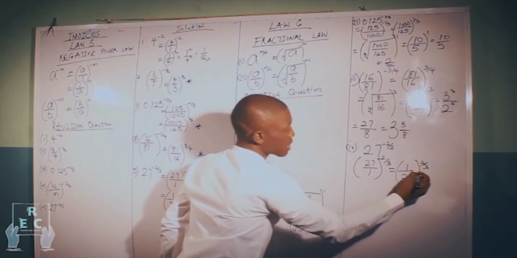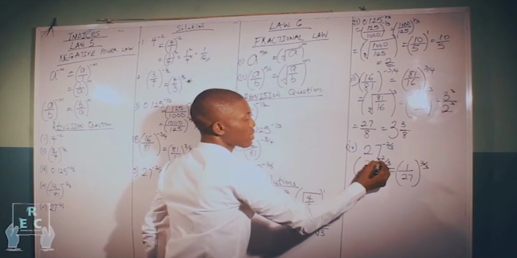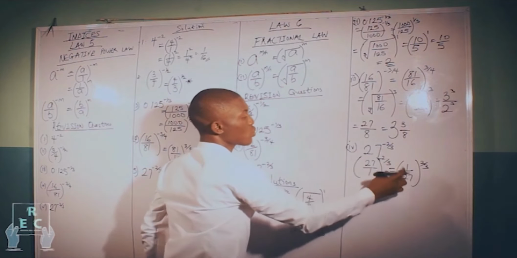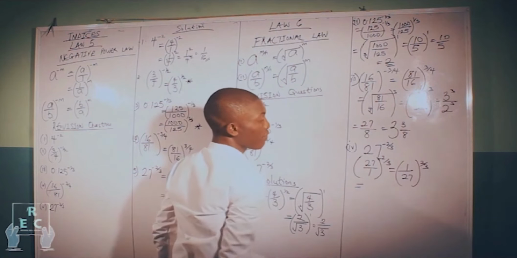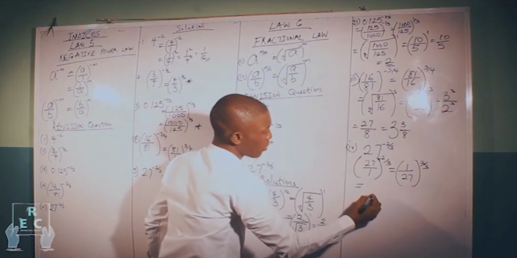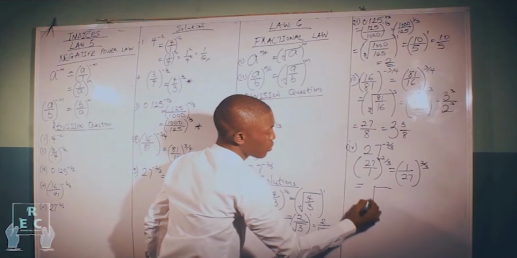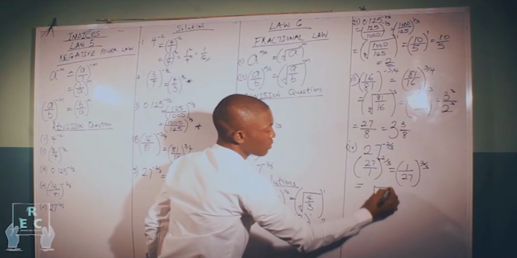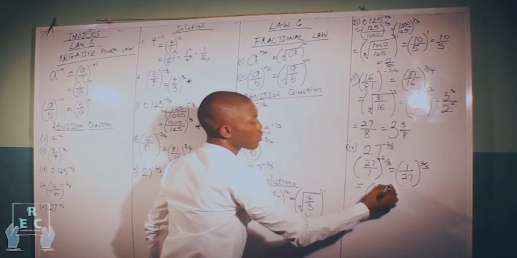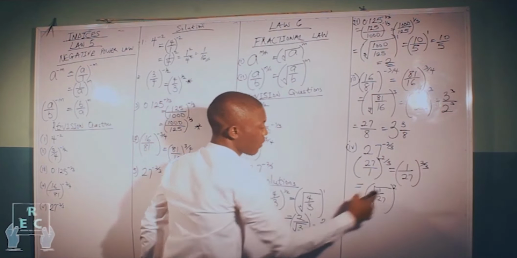What has transpired? This minus sign has been eliminated due to the reciprocal of the number. So we have introduced this law, the fractional law. Your root is 3, 1 over 27. Then what will be our power? Root 3, power 2.